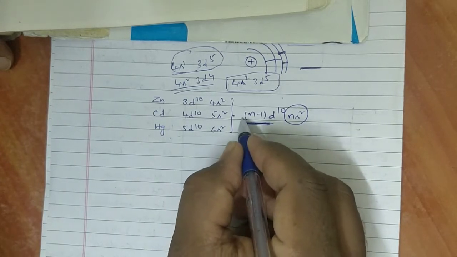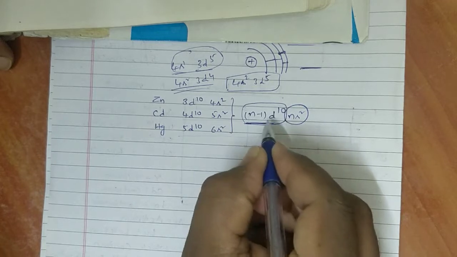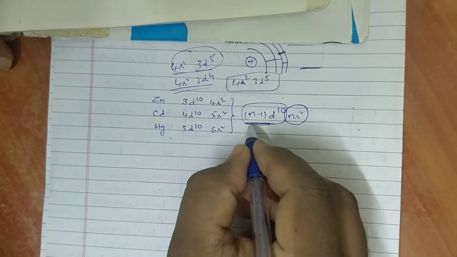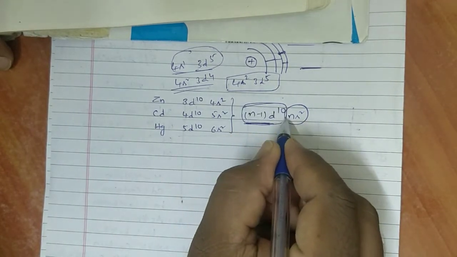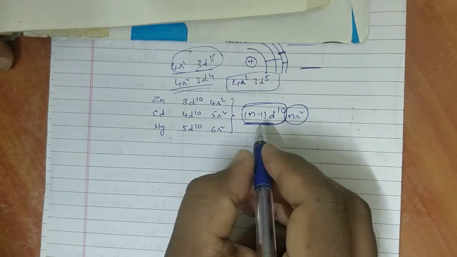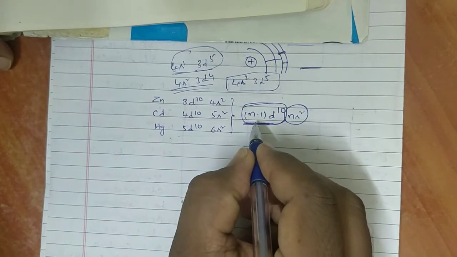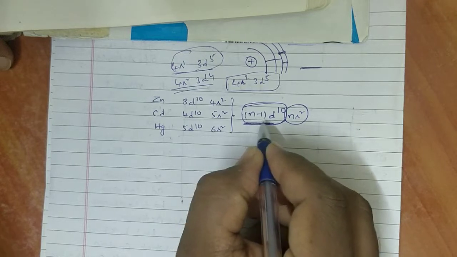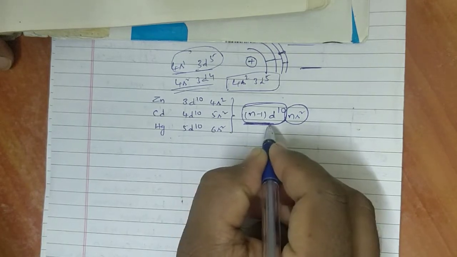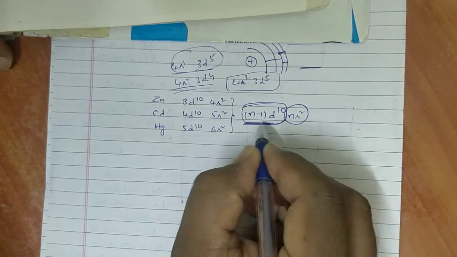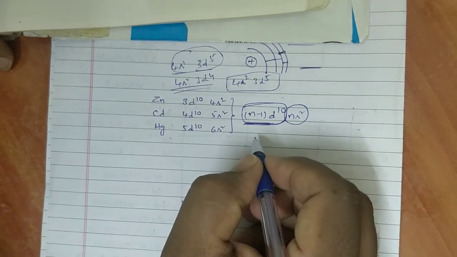That's why we mainly consider this along with ns2, but those characteristics mainly depend on the inner electrons. Even though it belongs to the penultimate shell, we included it as part of the general outermost electronic configuration.